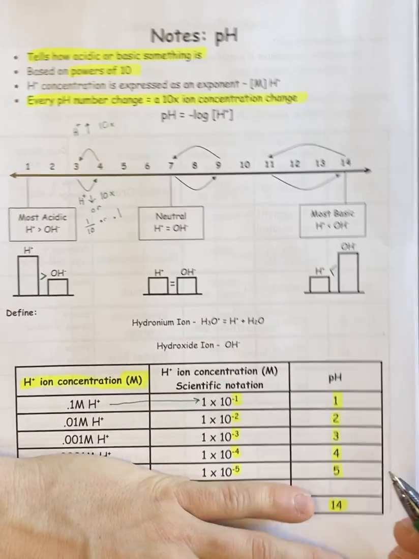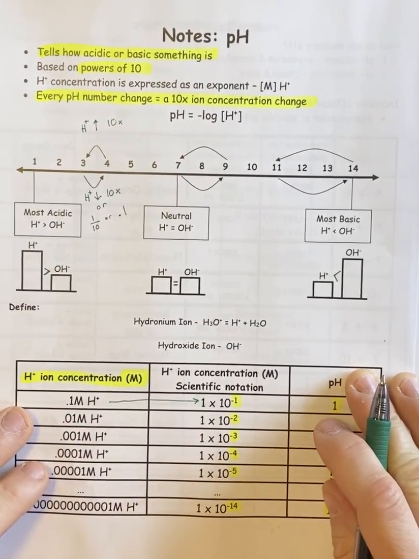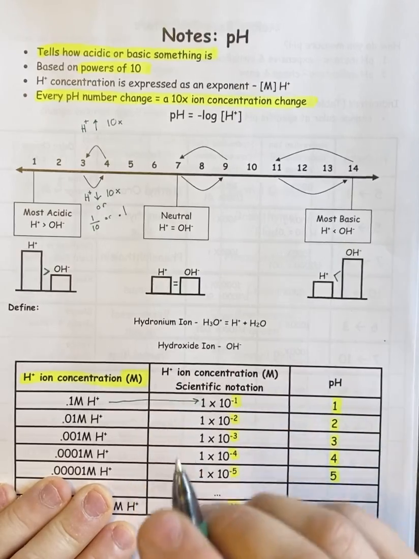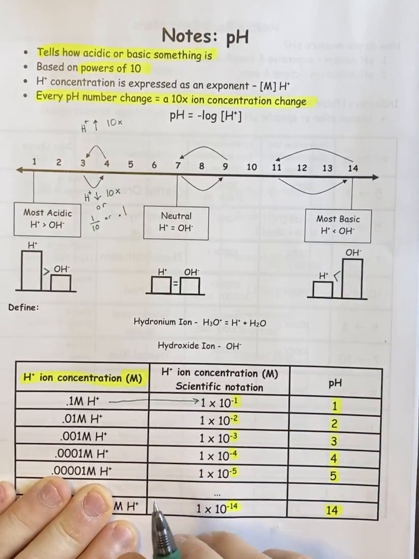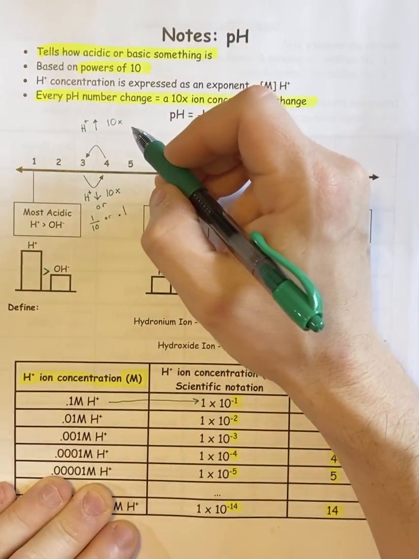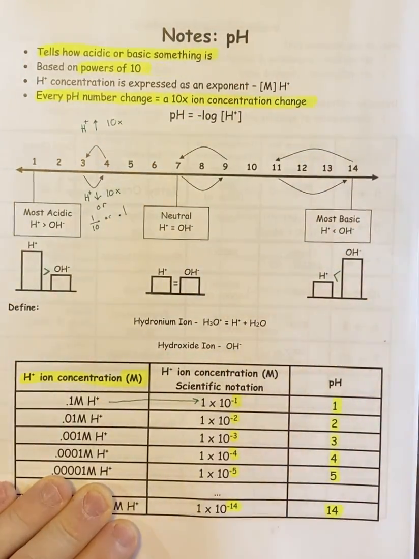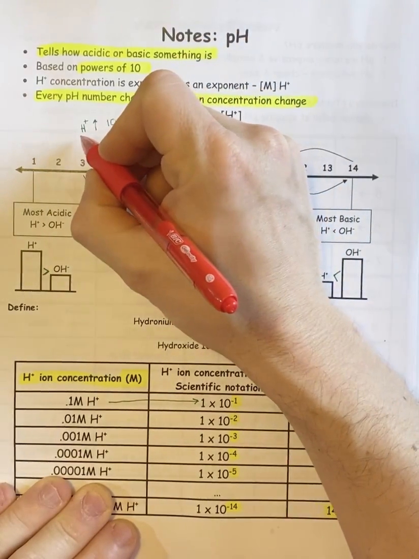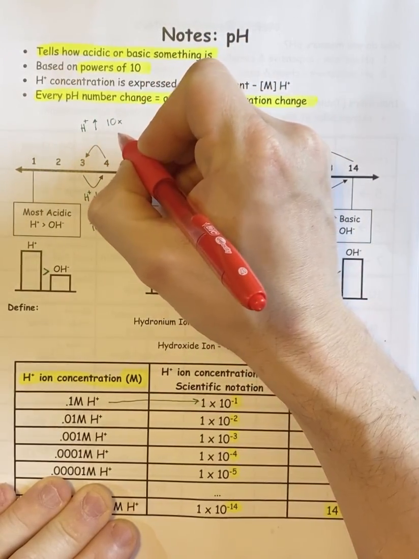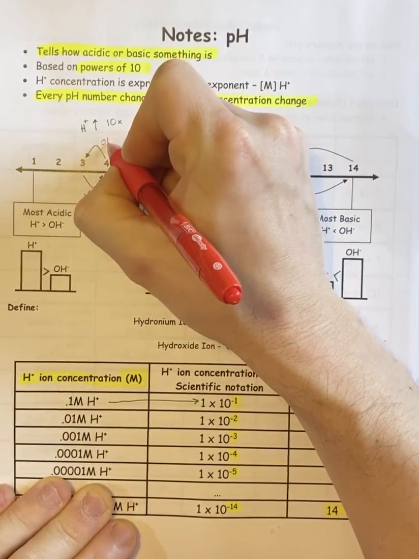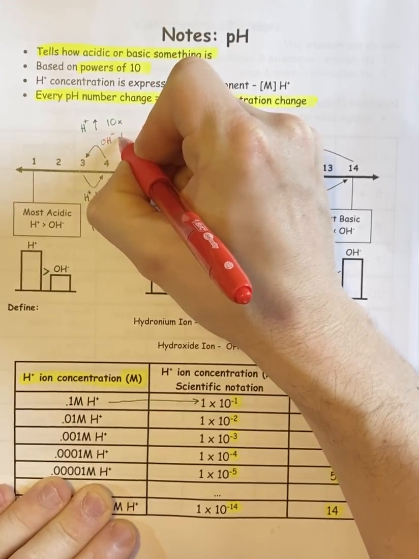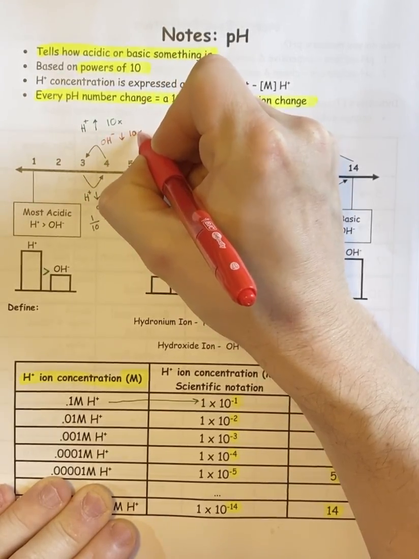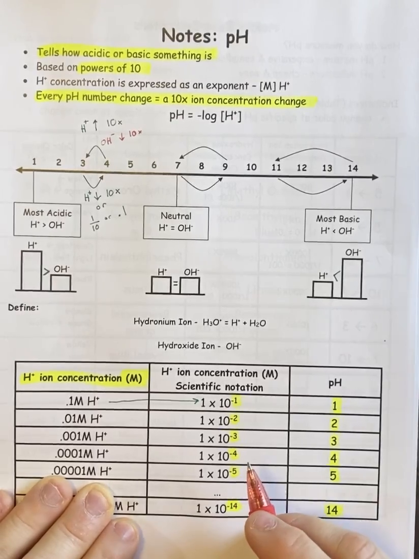Now, there's another way you could do this. You could also mention the OH minus concentration, because they actually do opposite things. I'm only going to talk about it once. So for OH minus, we would say that if the H plus went up by 10, it would also be fair to say that the OH minus went down by 10. Both of those statements are true.